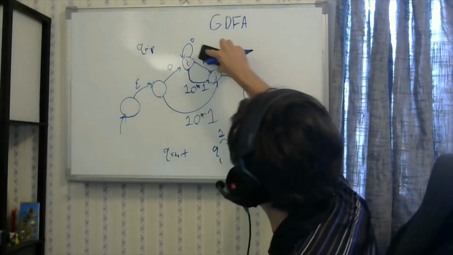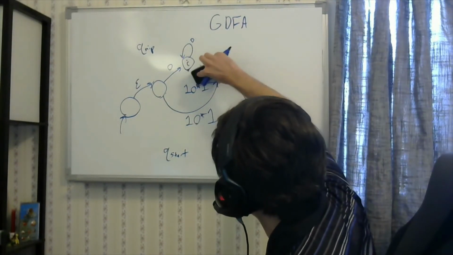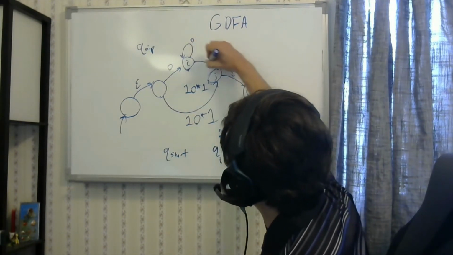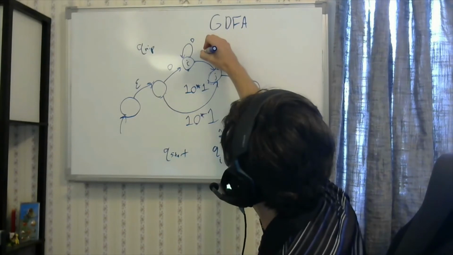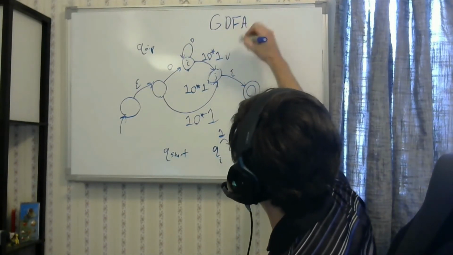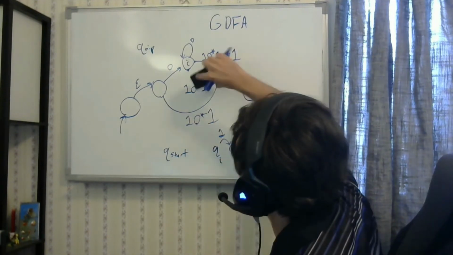We need to fuse these two edges into one by saying that this edge is labeled with the union, because union is a regular operator.